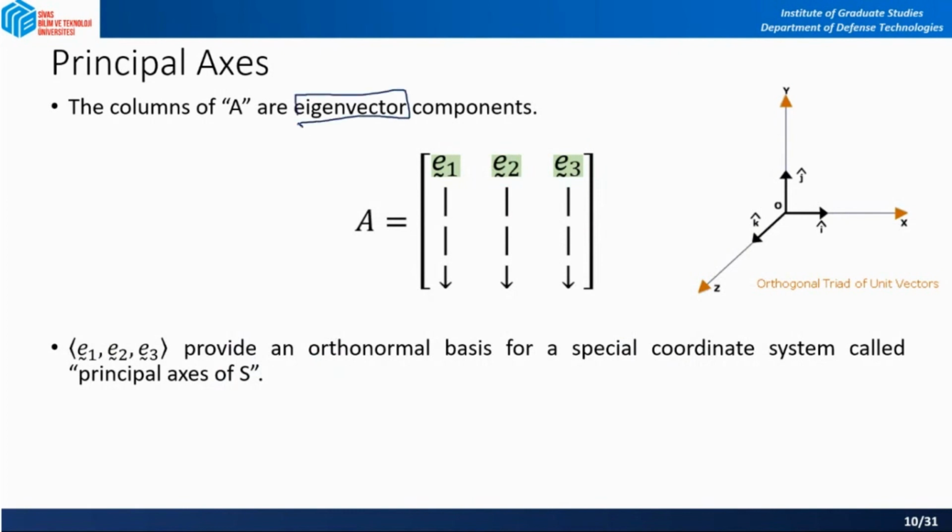So you already know these, but in any case, I have to repeat all of this. These eigenvectors are actually like your unit vectors. So the first column is related to the first eigenvector, and so on. So E1 is like, let's say, orthogonal system of x, y, z. E1 is like i, and E2 is like your j, and E3 is like your k.